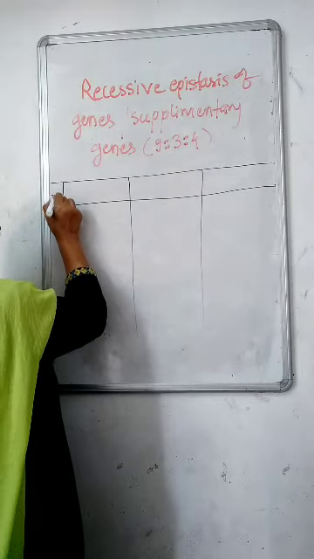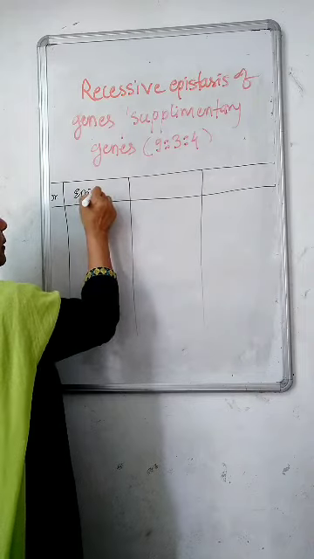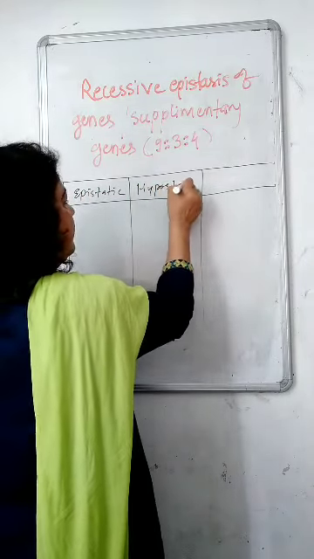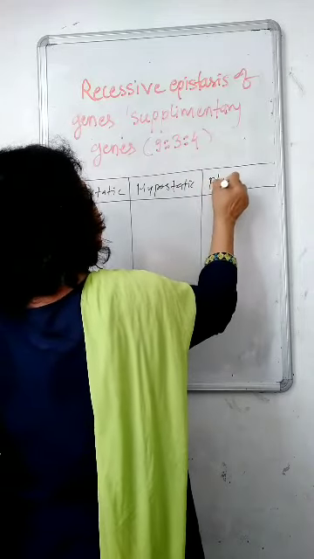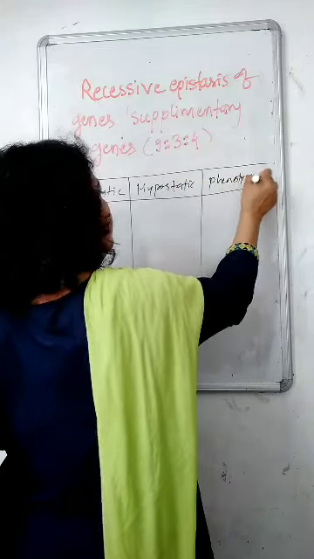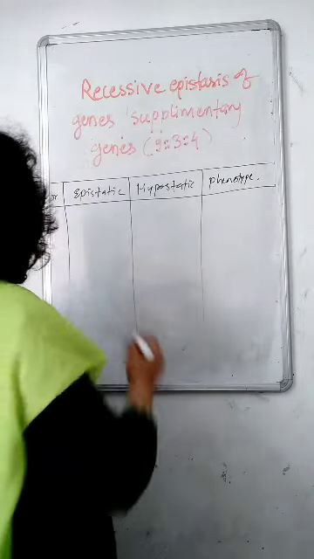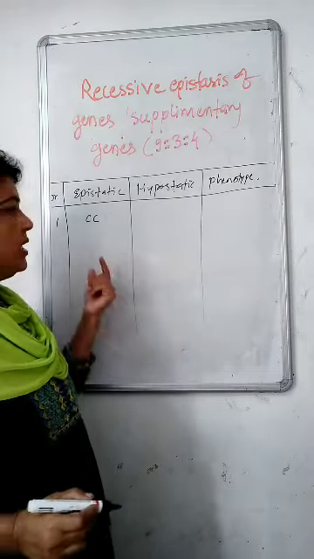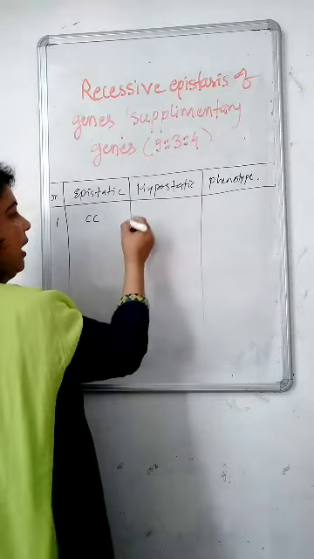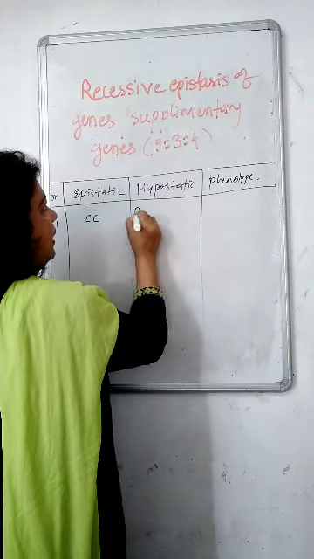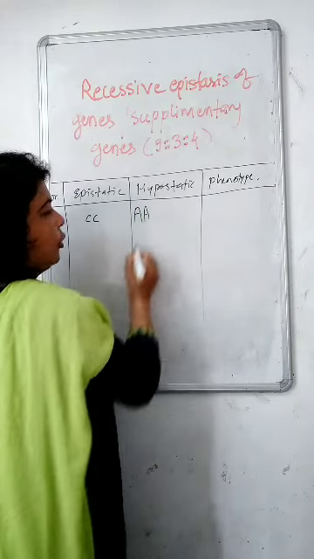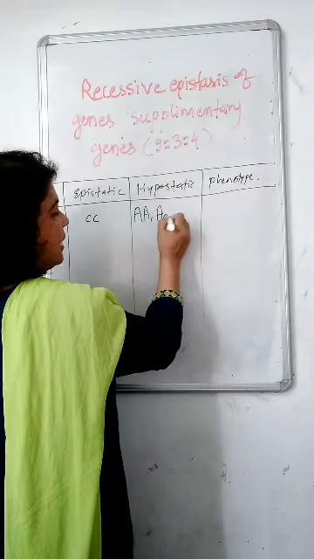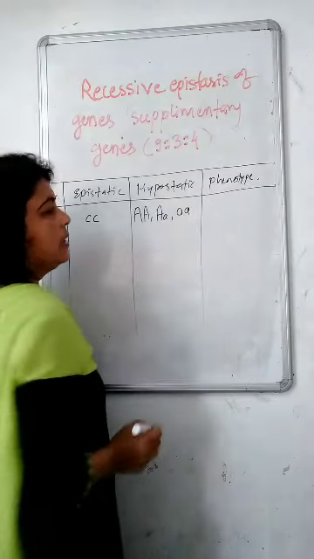First of all, epistatic, then hypostatic, and phenotype. When C is in recessive condition, small c, the hypostatic A may be dominant homozygous, dominant heterozygous, or completely recessive.